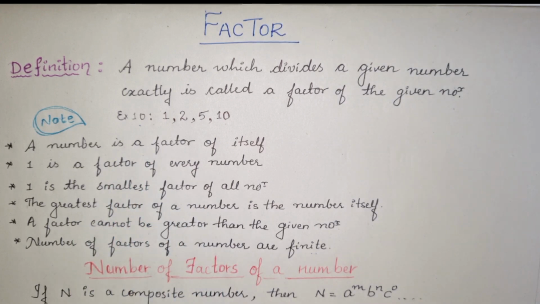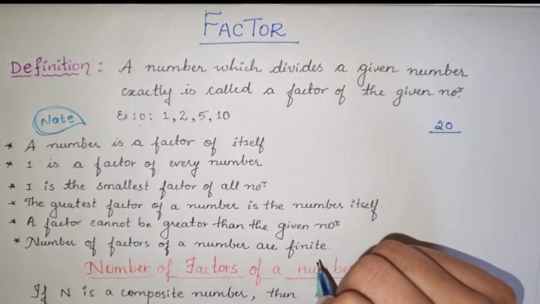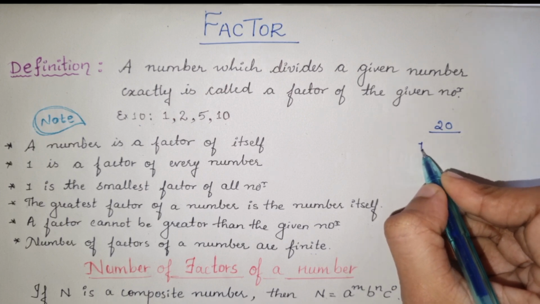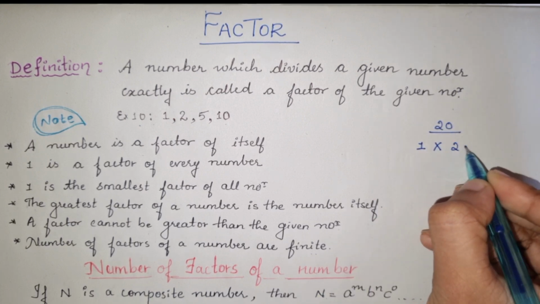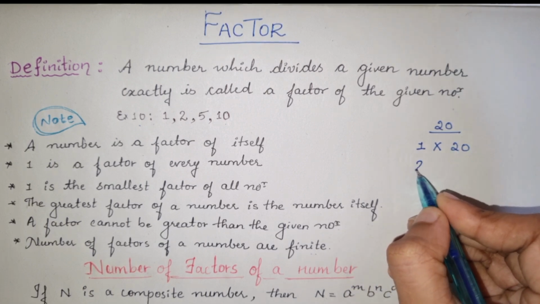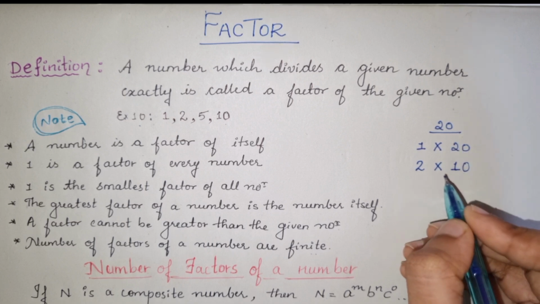Let us solve an example. Let's take the number 20. Let us find out the factors. How do we find factors? We should always start from the number 1. So 1 into 20 is 20. Next is 2. 2 into 10 is also 20.